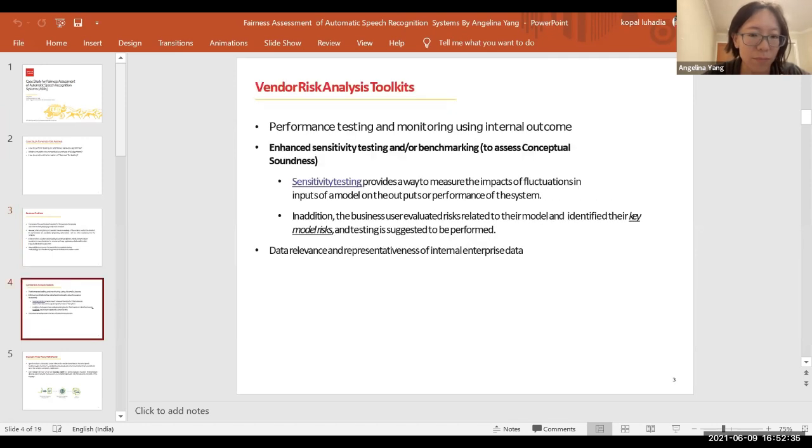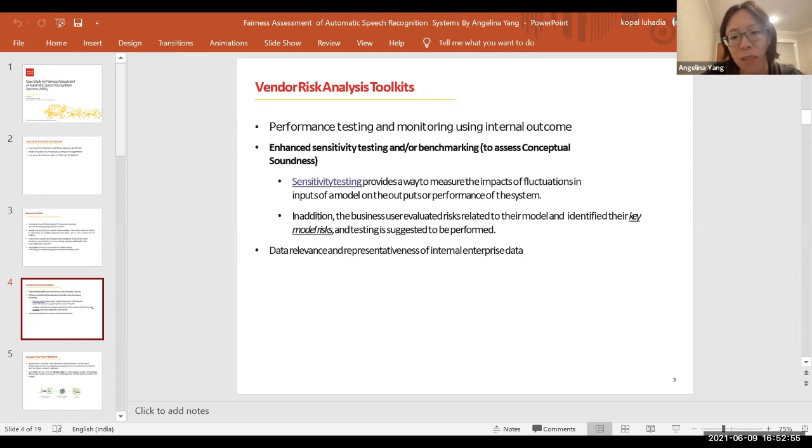Next page, please. So let's take a look at what we have in our pockets. The first thing we know is that once we have the model implemented in our system, we can feed in our own data, and we do have the performance testing.